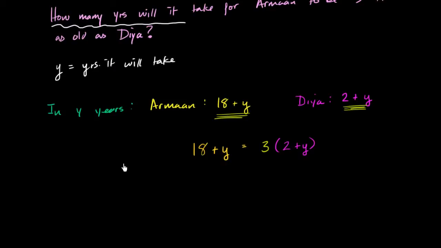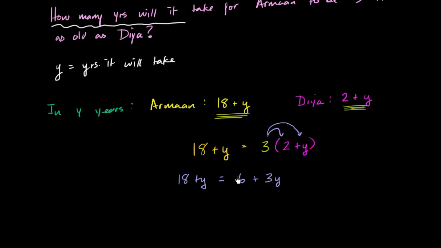On the left-hand side, I still have 18 plus y. And on the right-hand side, I can distribute this 3. So 3 times 2 is 6. 3 times y is 3y. 6 plus 3y. And then it's always nice to get all of our constants on one side of the equation, all of our variables on the other side. So we have a 3y over here.